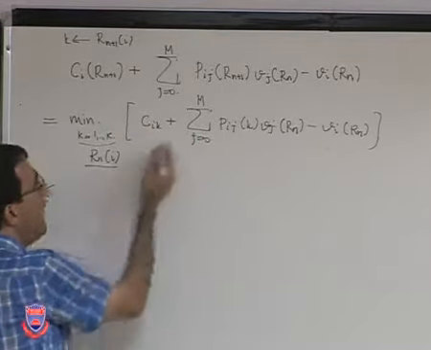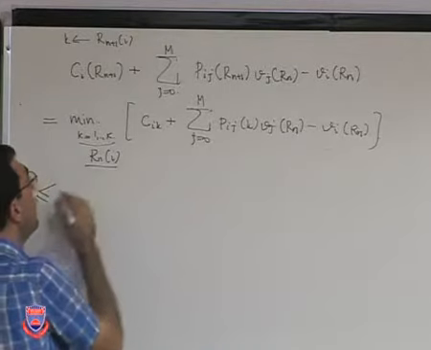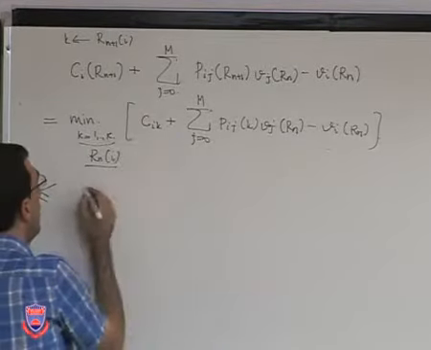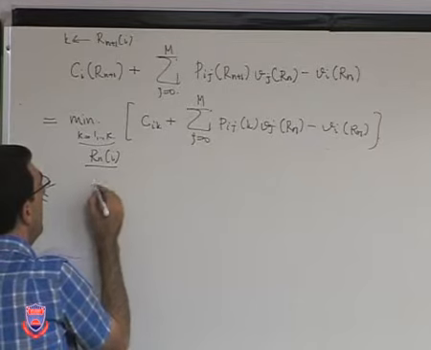This thing may or may not give that, but in any case you will get something less than or equal to the same quantity if you put this, right?